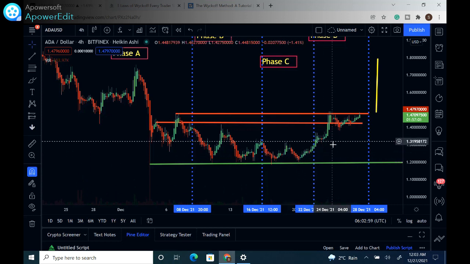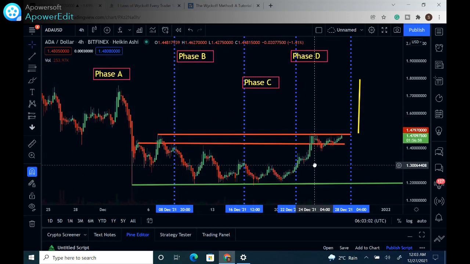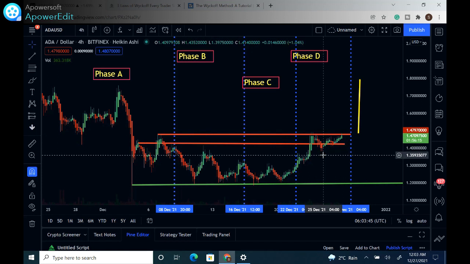Phase D is the most important of this Wyckoff trend, and in phase D we have seen that the price is moving in an upward trend and it reached the resistance line, and we see some kind of drop here, which is basically the accumulation time of Cardano price.